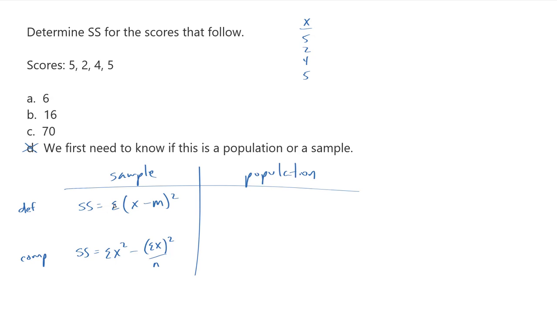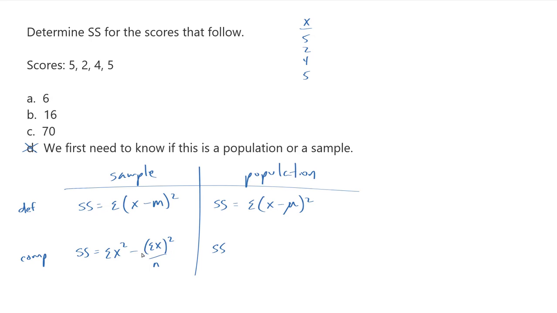If it was a population and I'm working with the definitional formula, in that case, I'm going to be looking at each score minus the population mean squared. This is my definitional for the population.